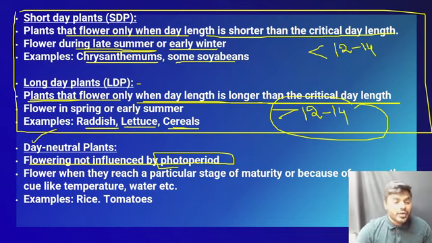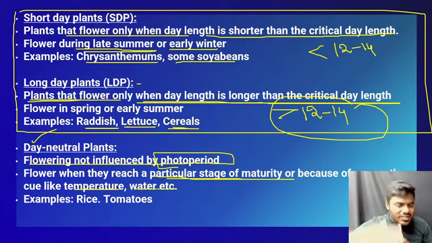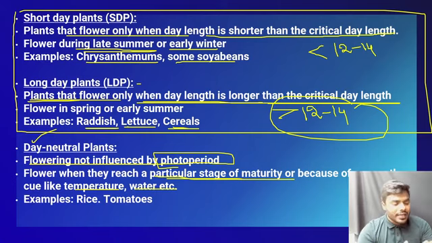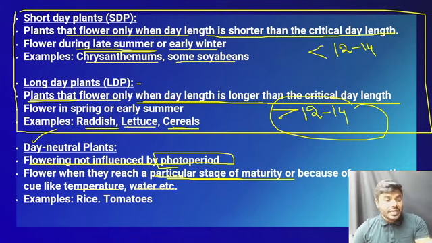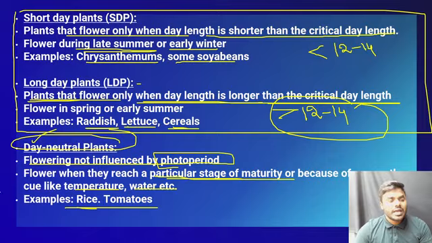So flowering only occurs when they reach a particular stage of maturity or certain external cues like temperature and water. Once they reach the particular stage of maturity, they automatically undergo the process of flowering. It doesn't matter whether the day length is more or less than normal, they normally undergo flowering. Examples: rice as well as tomatoes.